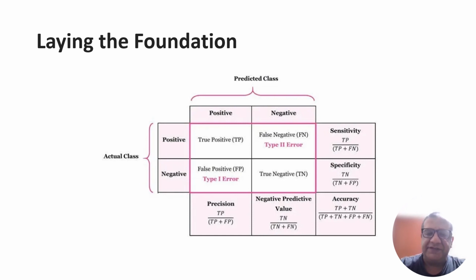There is specificity, which is the ratio of true negative to the sum of true negative and false positive. And lastly, the negative prediction value, which is a ratio of true negative to true negative and false negative.